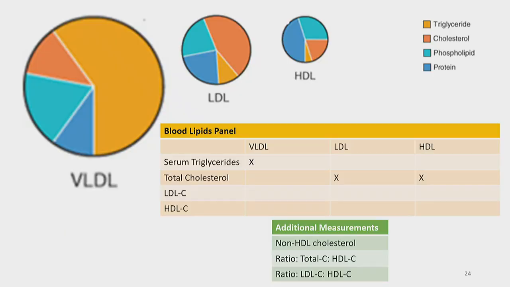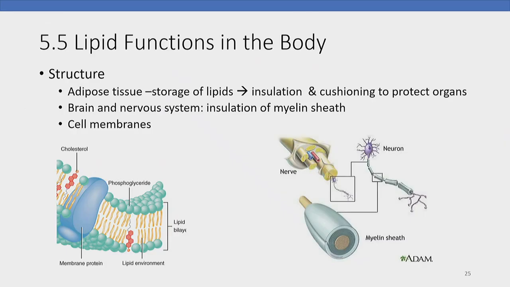These are different types of blood work that are all biomarkers of cardiovascular disease. If the LDL, the triglyceride, and also additional measures like the total cholesterol to HDL ratio increase, the risk of cardiovascular disease increases.